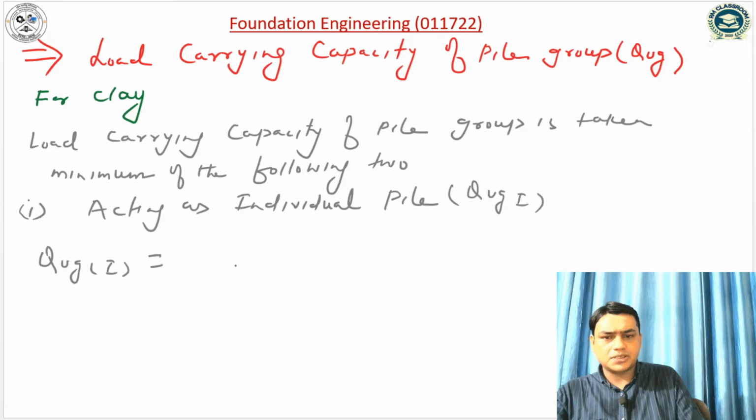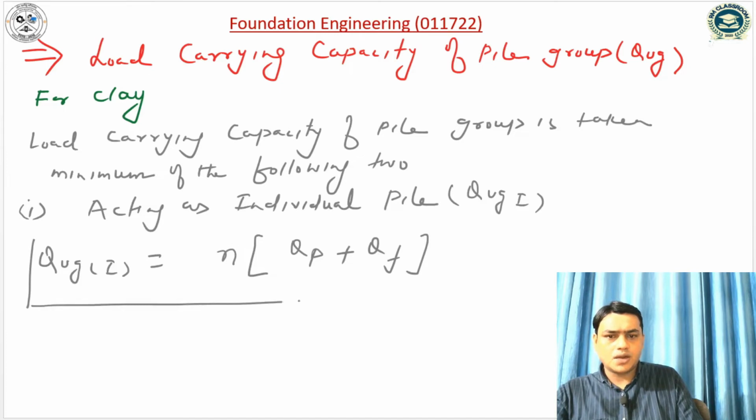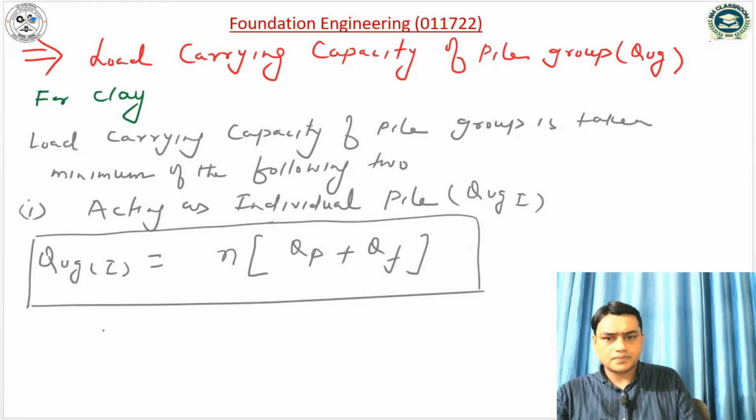It can be computed, if n is the number of piles in the group, as n times (Qp plus Qf). So this is the group acting as individual piles, where n is the number of piles in a group.